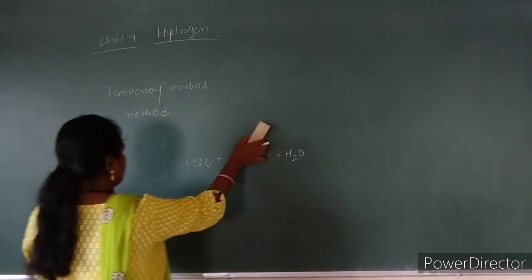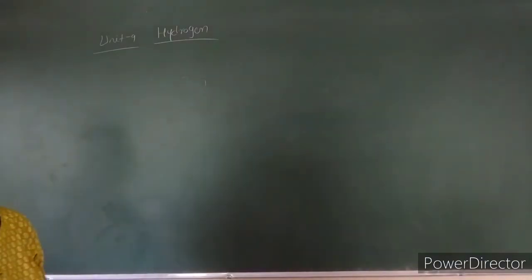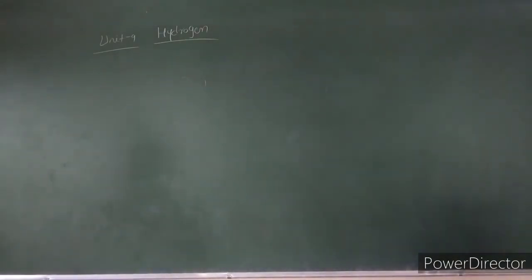And next, we can remove hardness of water by the permanent method, meaning we can remove hardness of water permanently. It is due to the presence of soluble salts of magnesium and calcium in the form of chlorides and sulfates in water.